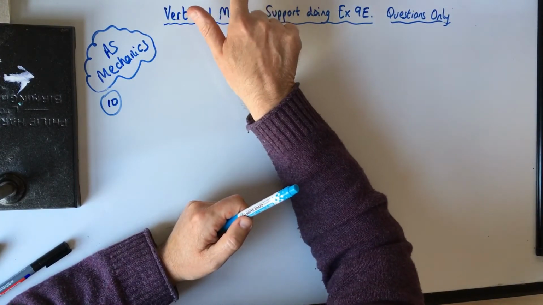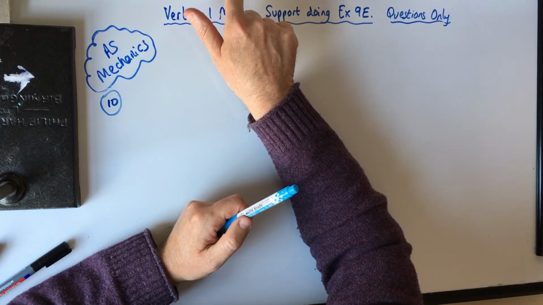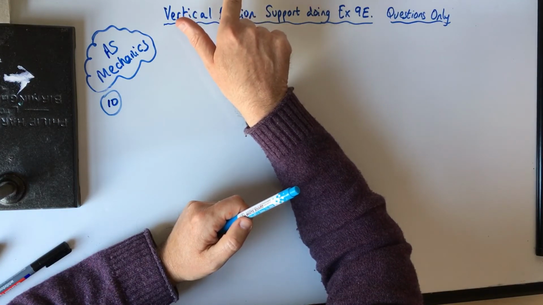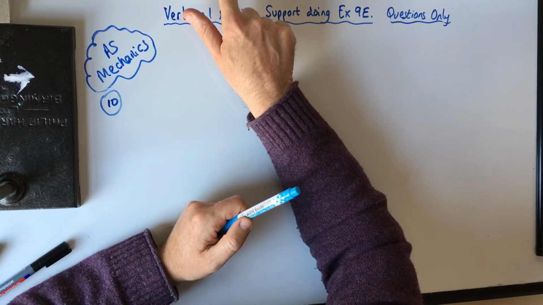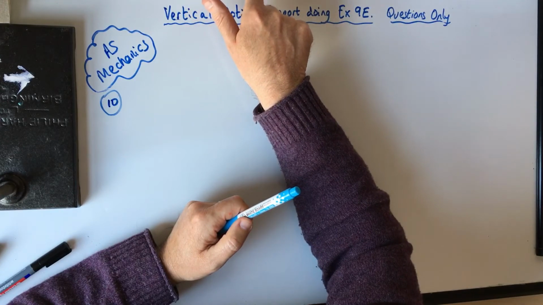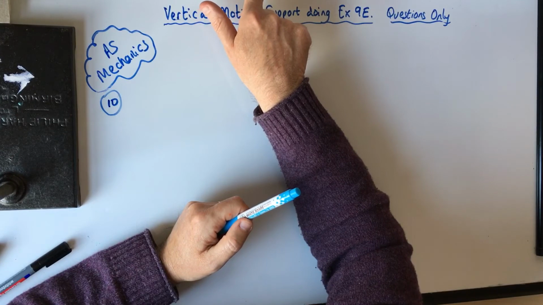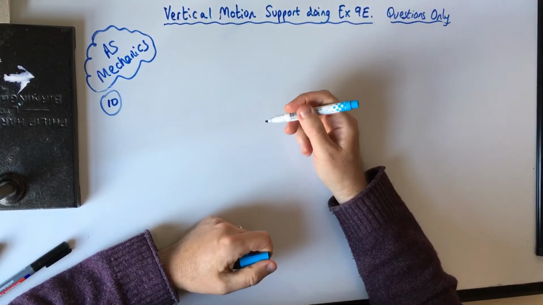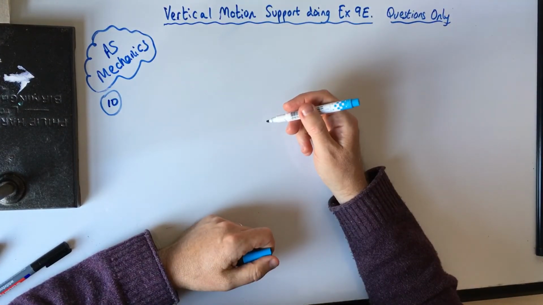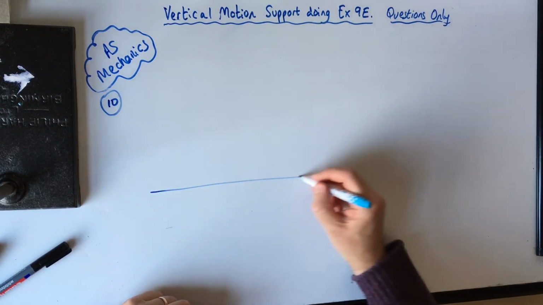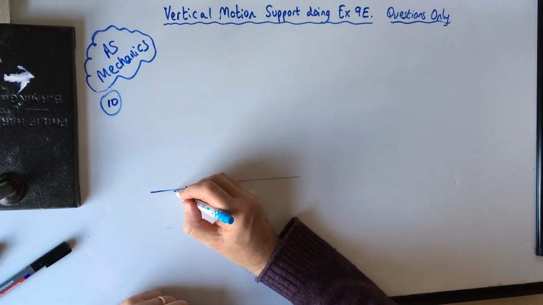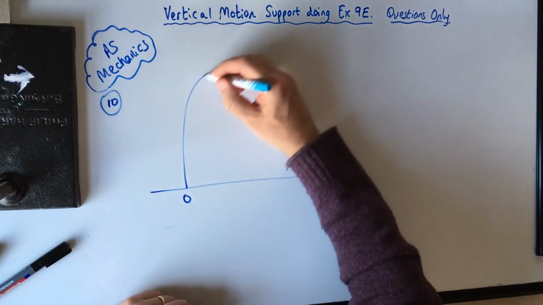Number 11, well, it's a bit of algebra in here, but it's just to make it look confusing, but actually the maths is easy. A particle is projected vertically upwards from a point O with a speed of u meters per second. 2 seconds later, it's still travelling upwards at a speed of a third of u. Find the value of u. So point O, that's here, and it goes up and down.